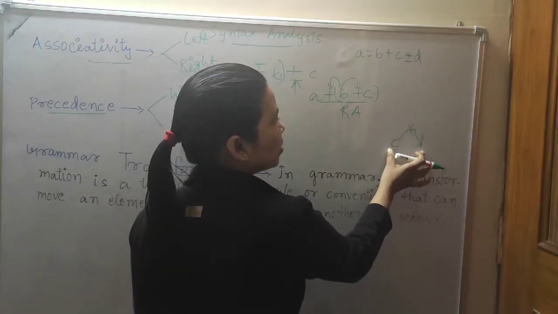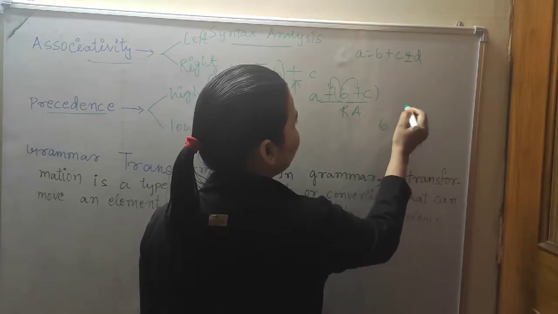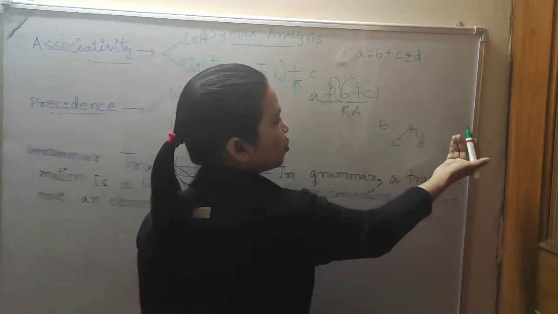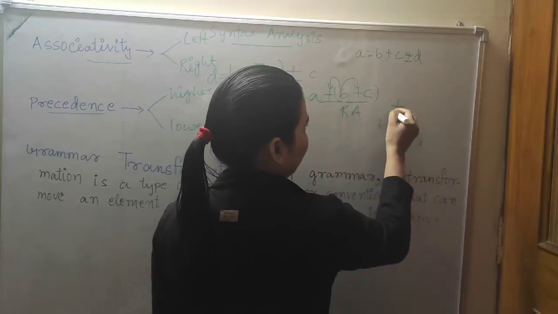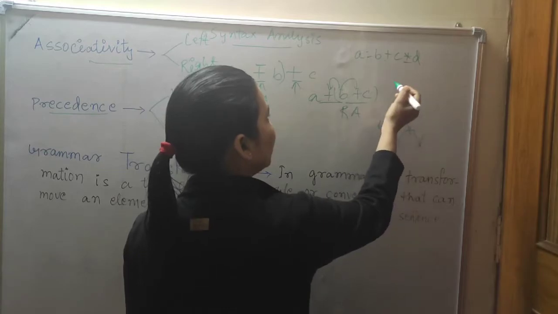Then this multiplication, C into D, we add to B. Write down plus. You can write it on the left side or the right side. Then afterwards we come to equal to.